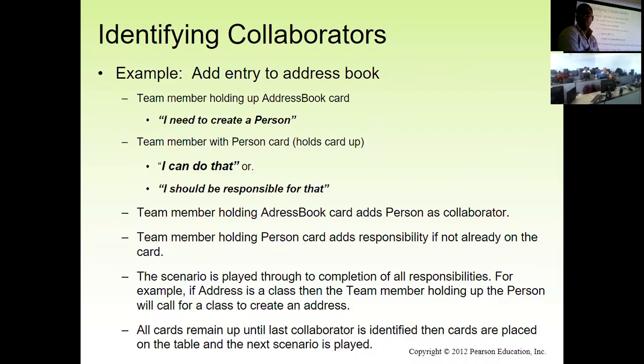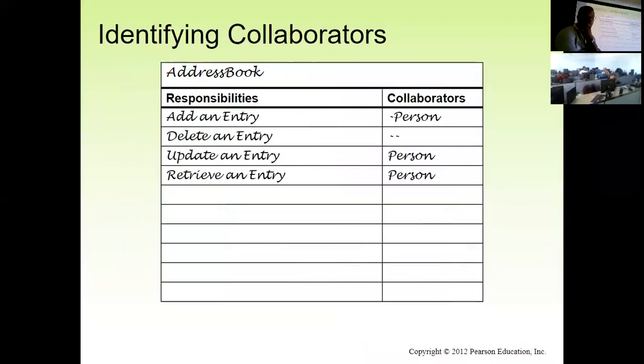No? Okay, so that game continues to play out until all of the responsibilities are identified, and each time we play out a scenario, the collaborators are updated until we're done. Now, generally, the scenarios are going to be directly related to the requirements that are set out.